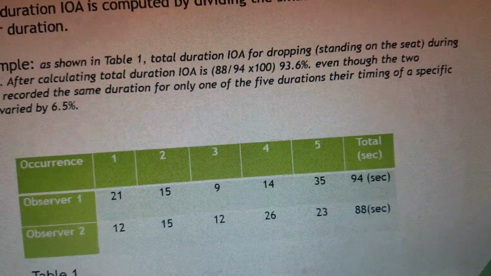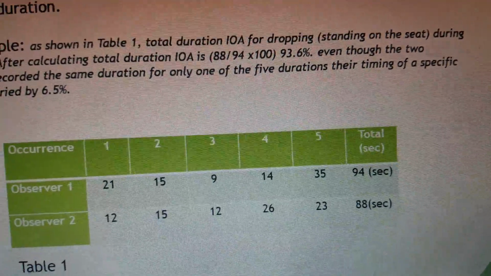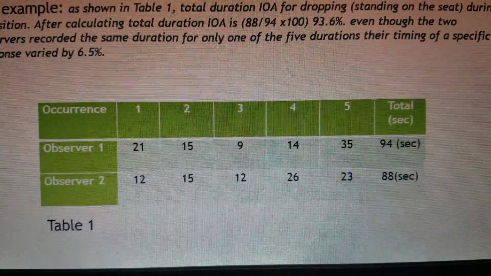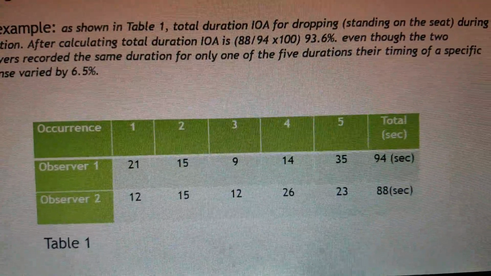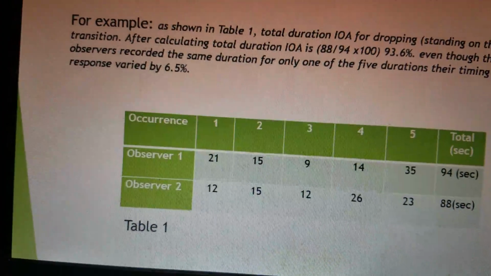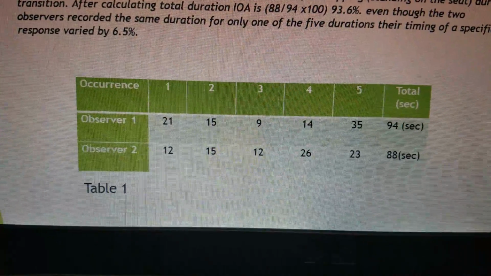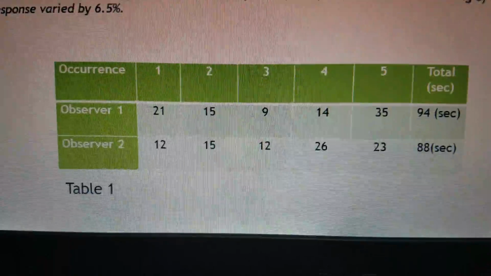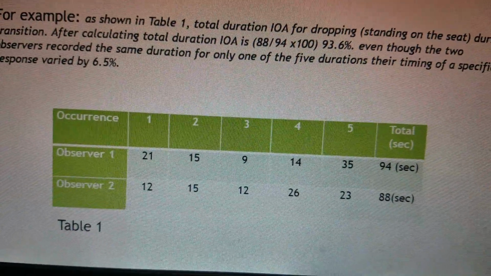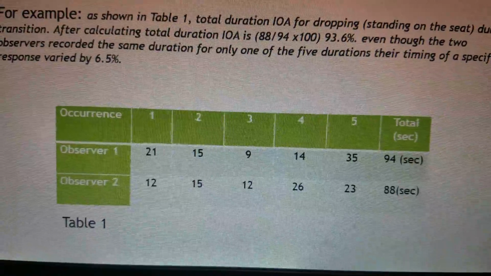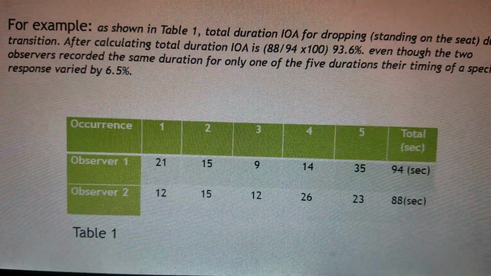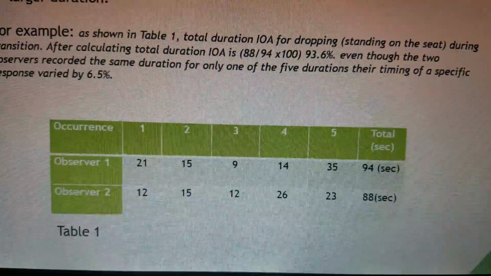Then after the three-step prompting, we measure for how long the student stays sitting in his or her chair before deciding to get up. Then we record occurrences, and usually the duration is measured in seconds, for how long he or she stays seated.